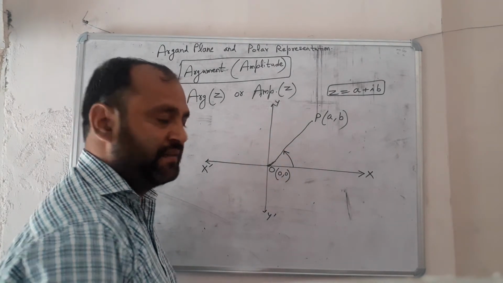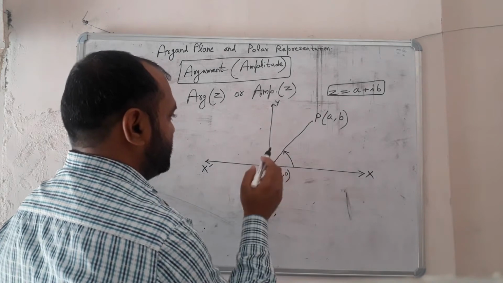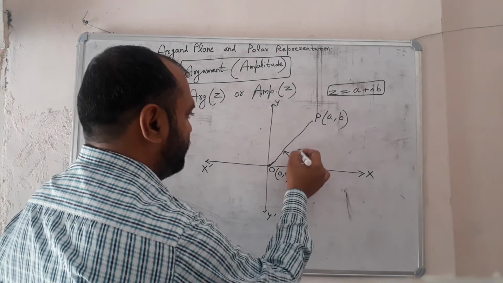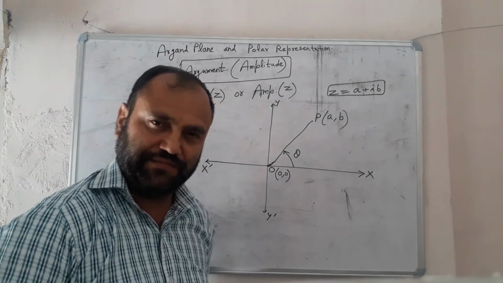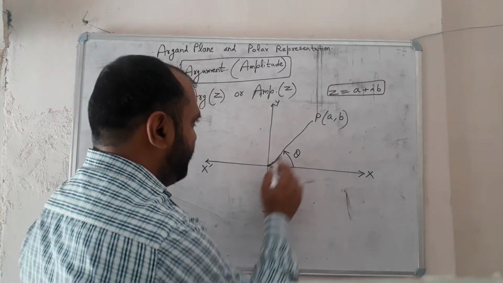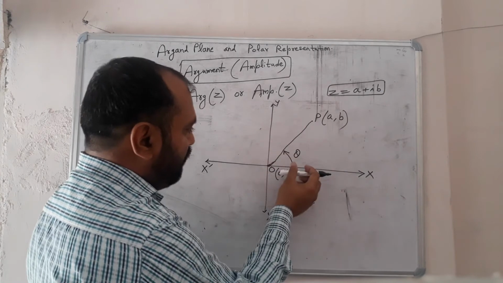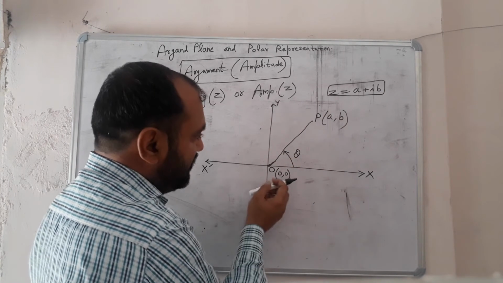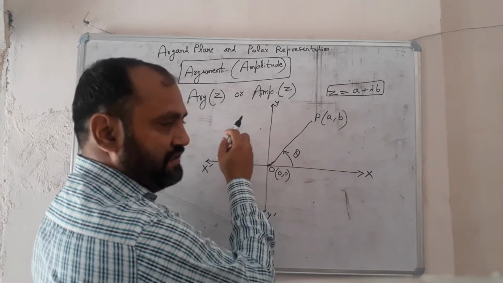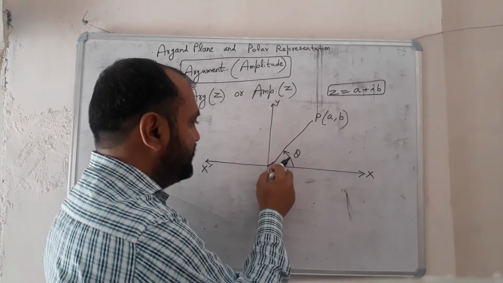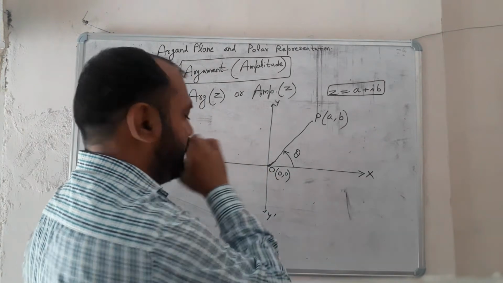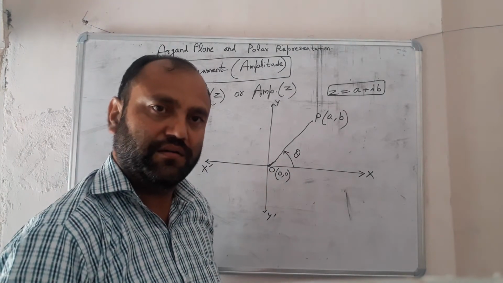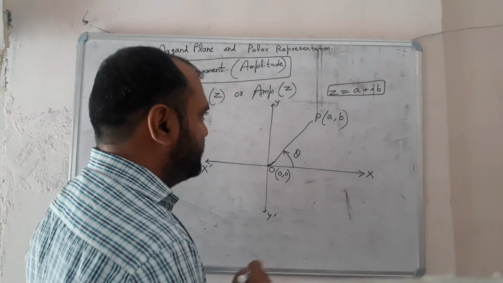Right? This is the meaning of argument. So this theta is called argument actually. OP जो कि पॉजिटिव एक्स एक्सिस के साथ एंटी क्लॉकवाइज डायरेक्शन में जितना एंगल बनाता है, that is called argument of a complex number. Right?